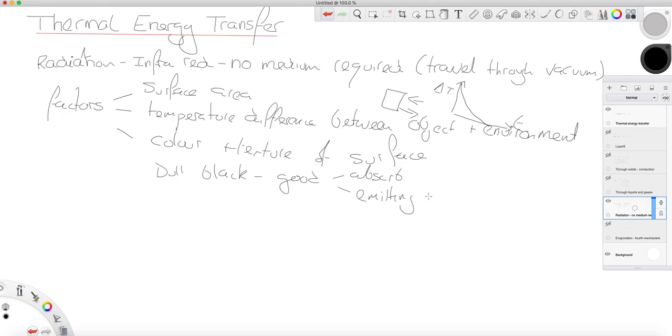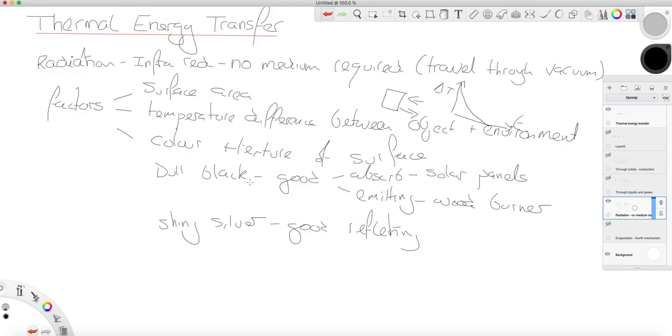If you want something to absorb lots of thermal energy, then paint it dull black. Solar panels, for example. If you are using solar panels to heat water, then the pipes through which the water runs will be painted matte black or dull black, so that they absorb the infrared from the sun. Shiny silver is the contrast to that then, mirrored. These are good at reflecting. These of course are poor at reflecting.